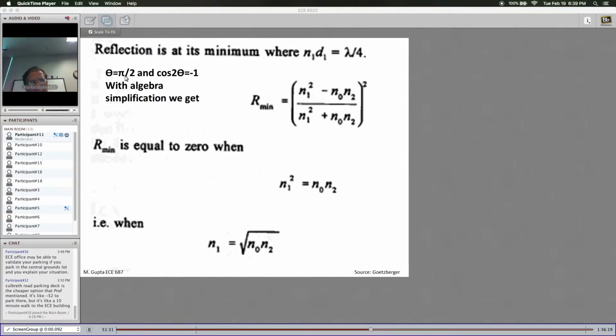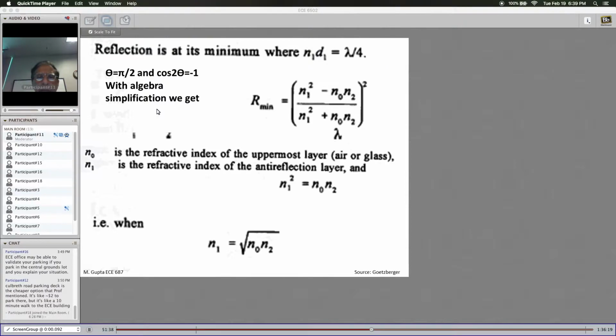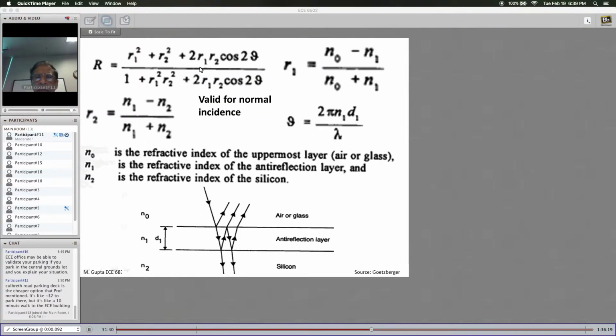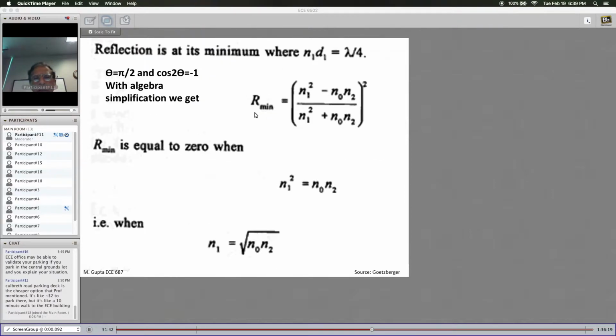The other is that you want to achieve a phase difference of pi by 2. So if you put those two things here, you will find that R minimum, the minimum amount of reflection, is given by N1 square minus N0 times N2 divided by N1 square plus N0 N2, the whole squared.